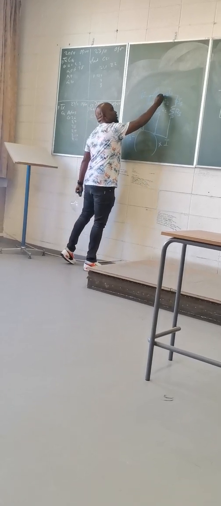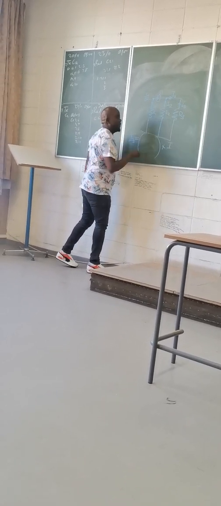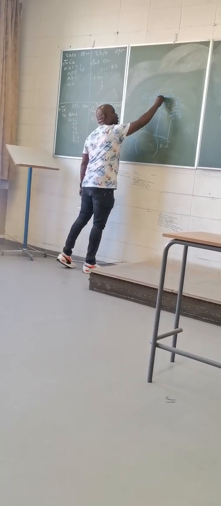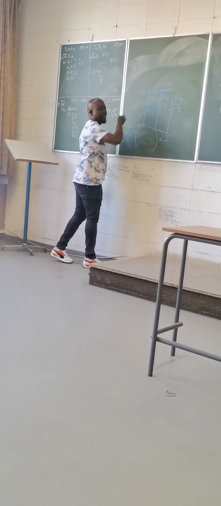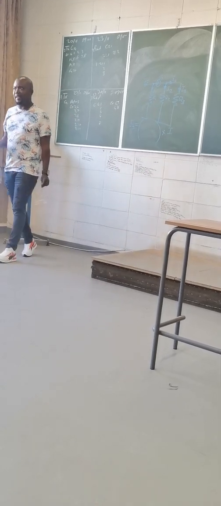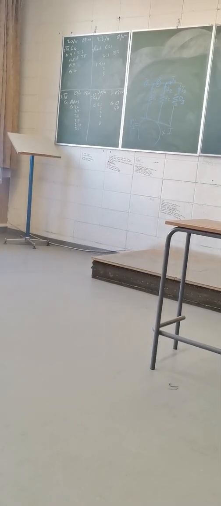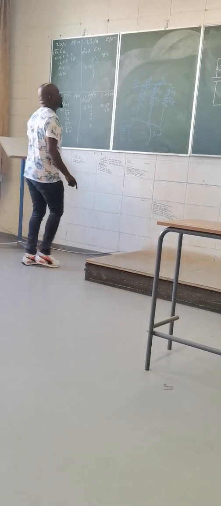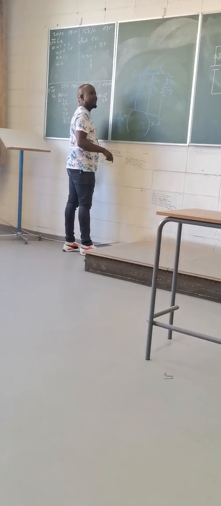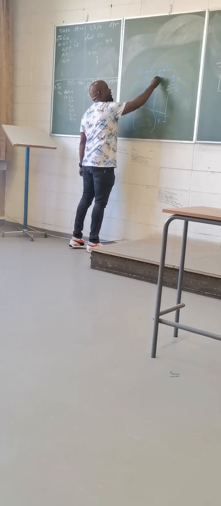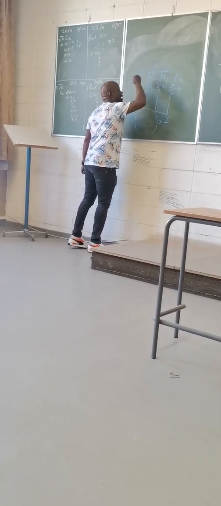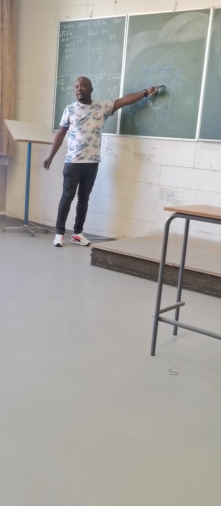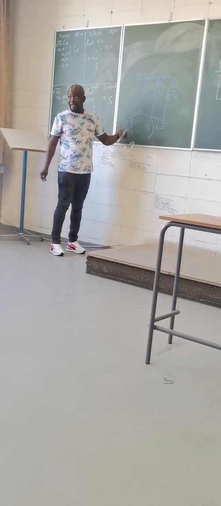It has been split from that junction there. When it is split, it had a magnitude going in the other direction. But for that magnitude going in the other direction, we look at the existence of the component there. What is that component? It is R2. You understand each other?